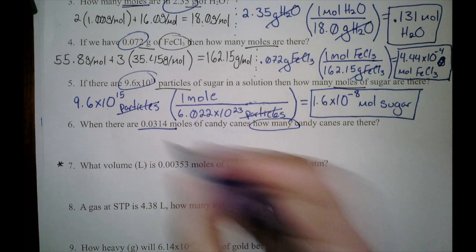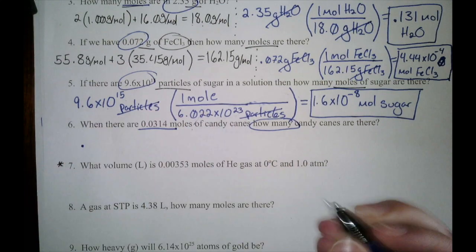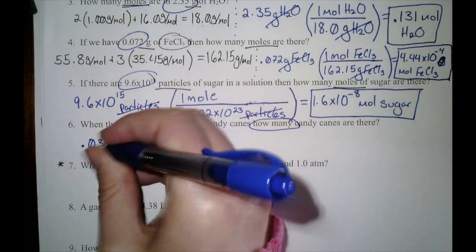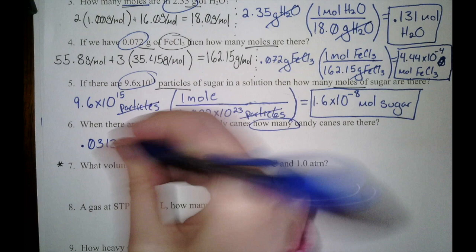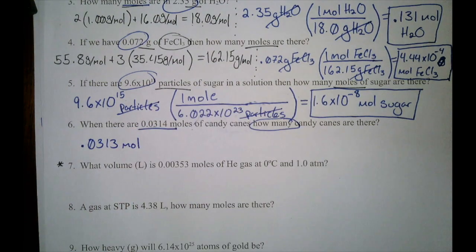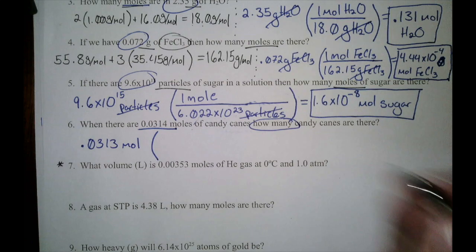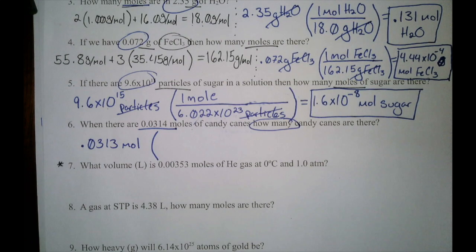So again, we want to start with what they gave us, which in this case is 0.0314 moles of candy canes. I want to cancel moles so that I can get how many, or just my number of candy canes in this case. So if I want to cancel moles, that means this time moles has to go on the bottom.